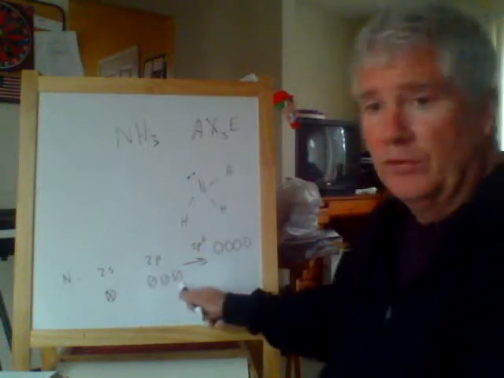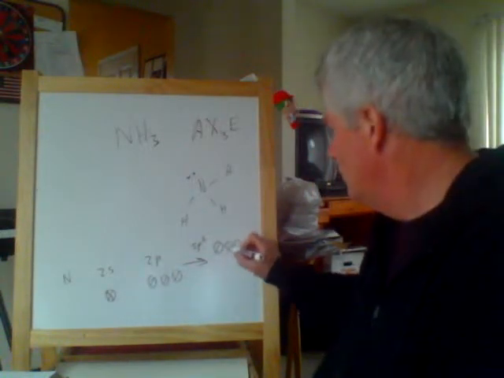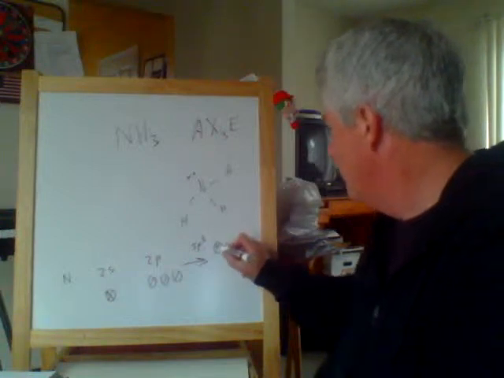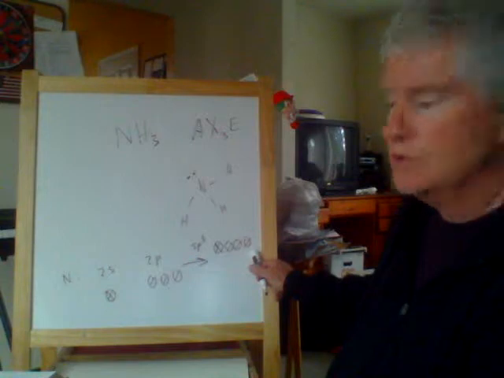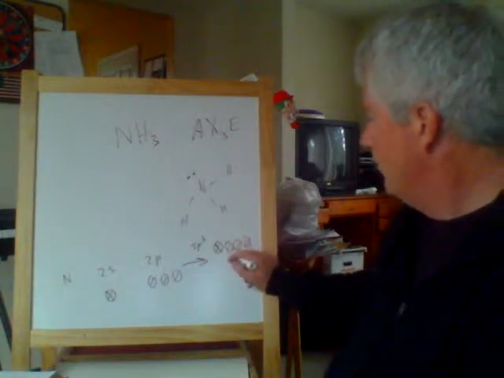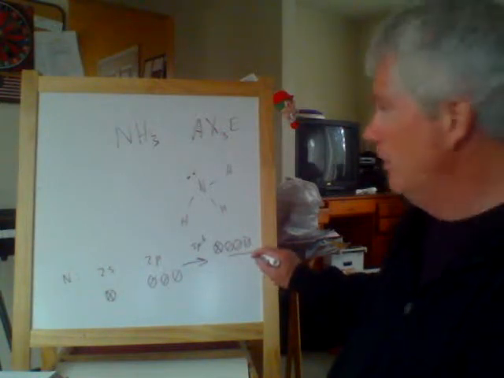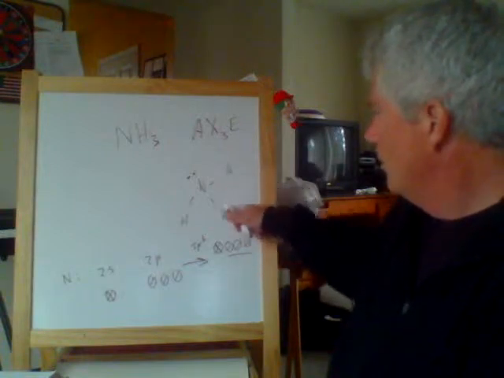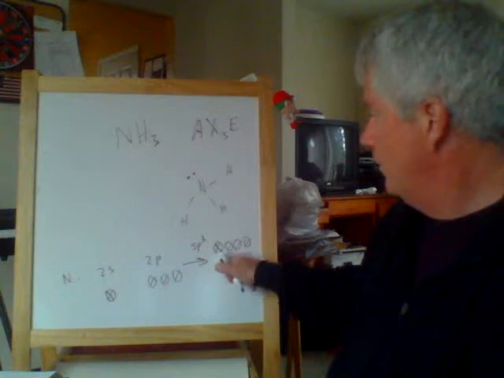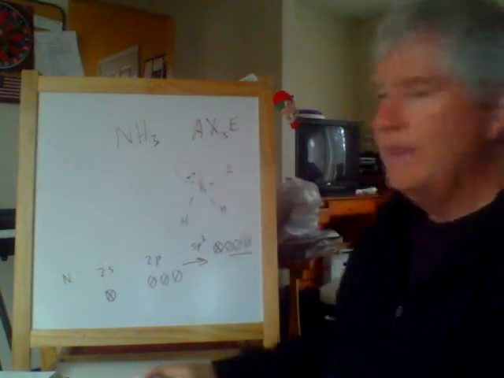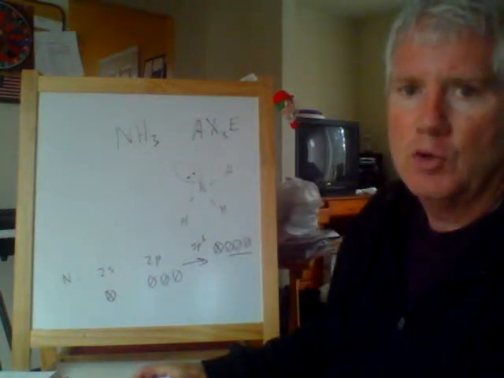And then nitrogen fills the 5 electrons: 1, 2, 3, 4, 5. The 3 that are half filled each bond with one of the hydrogens, and the sp3 orbital that is filled is essentially the lone pair.